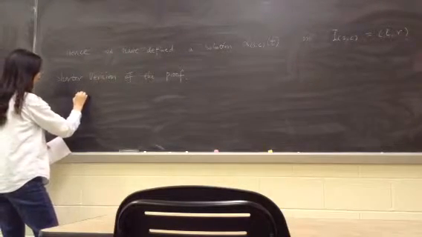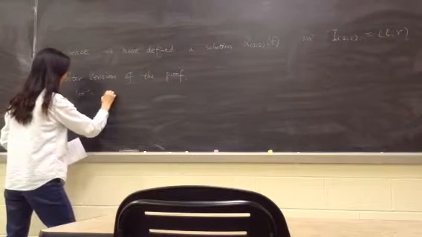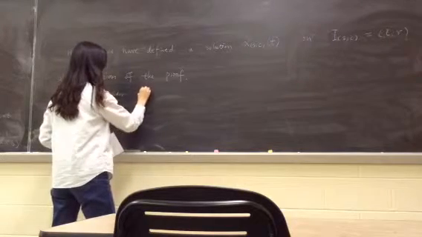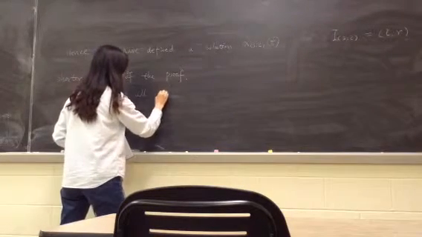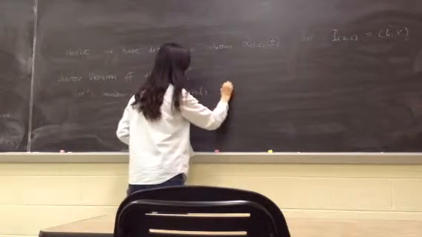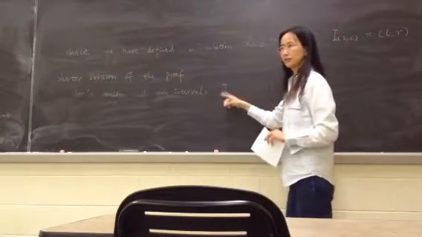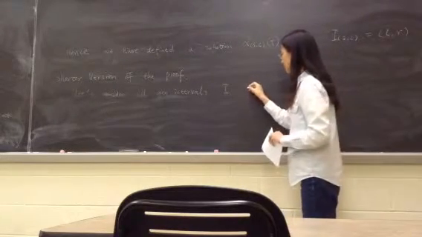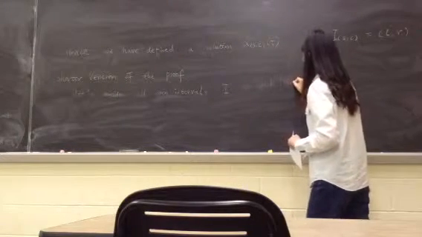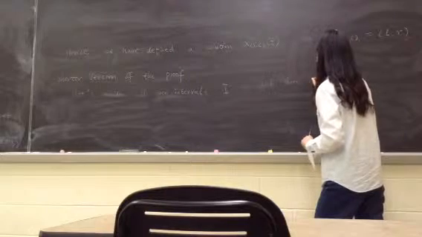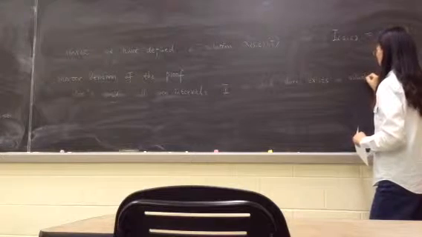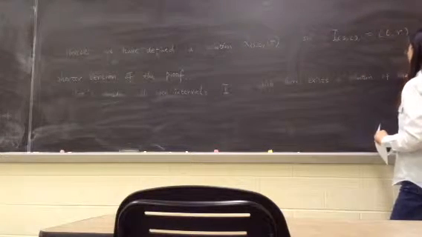Let's consider all open intervals I on which there is a solution. We'll show that the union of all of them will give the maximal interval of the initial value problem.